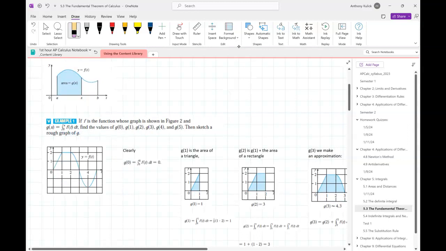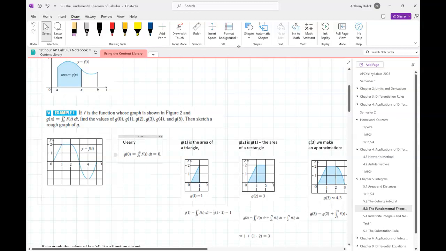So let's take a look at a real example. Let's say we have g of x equals the integral from 0 to x of f of t dt, and we're going to find the points for g of 0, g of 1, g of 2, g of 3, g of 4, g of 5, and then try to sketch a graph for g.